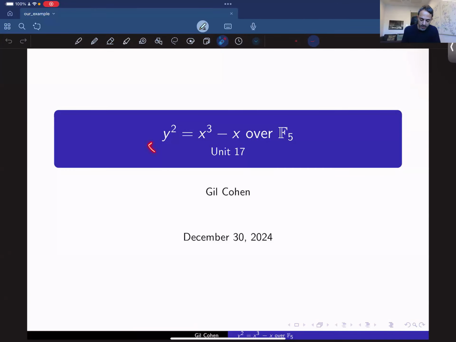Okay, so recall that we are looking at our usual curve, but now over F5, just for concreteness. The field arithmetic does actually change the prime divisors that you have, but for concreteness, let's consider F5.